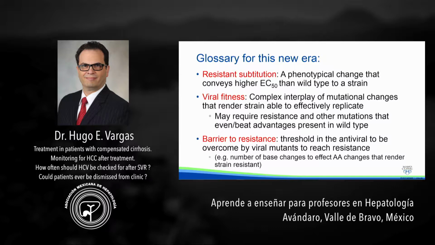And for some reason, we could talk ad nauseum about why this is, but some of these things pre-existed before we invented the direct antivirals, before people were exposed to them.